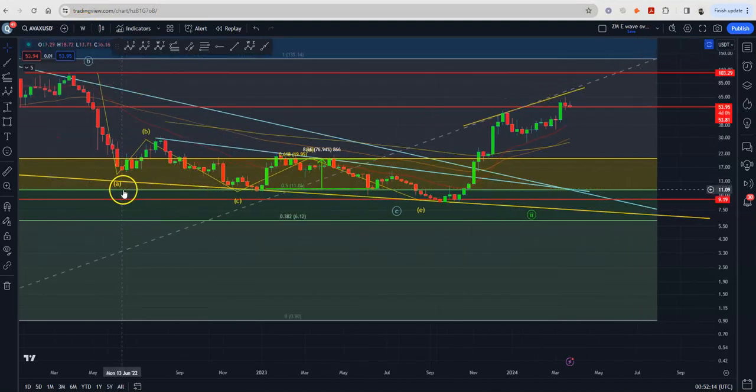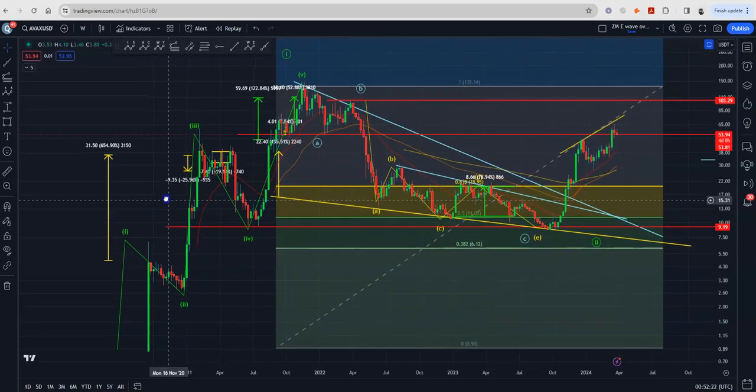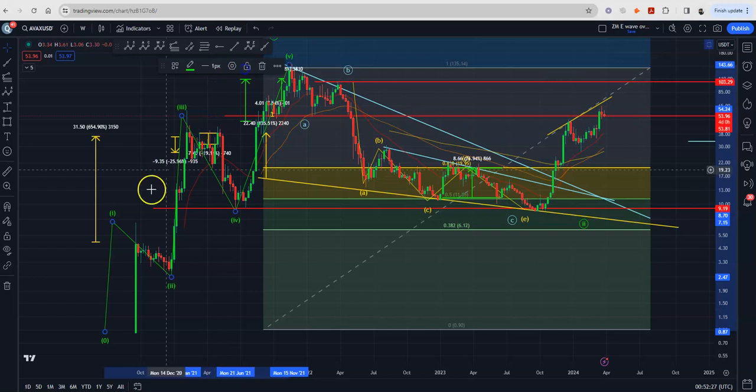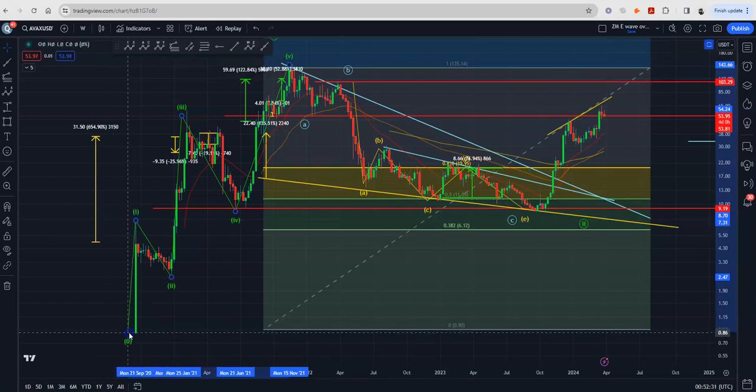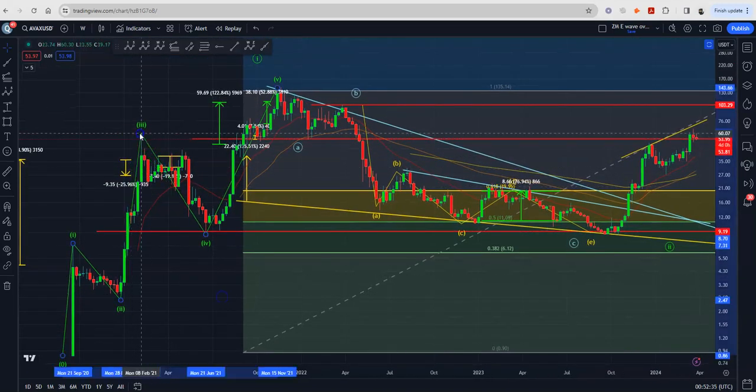And tonight we will be talking about Avalanche. Avalanche is one of those interesting cryptocurrencies that has a very unique structure right now.